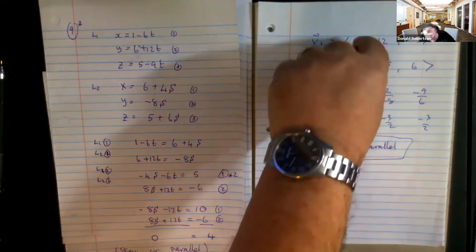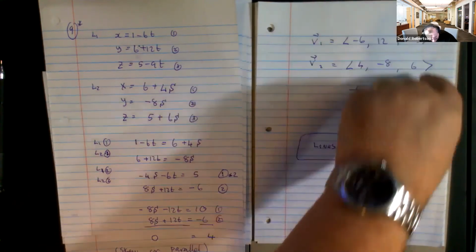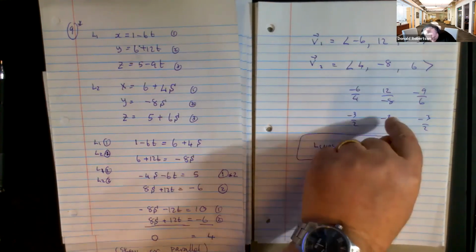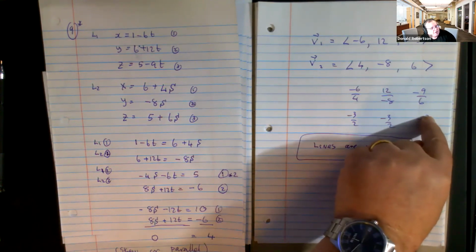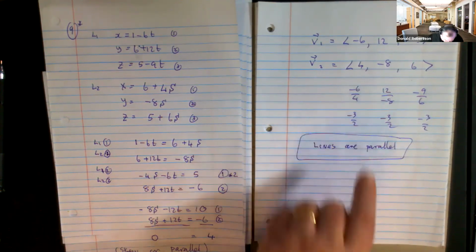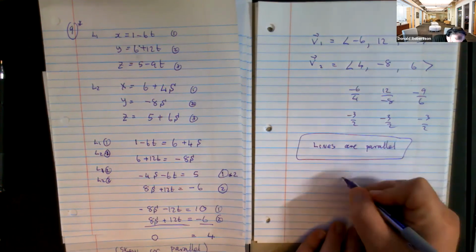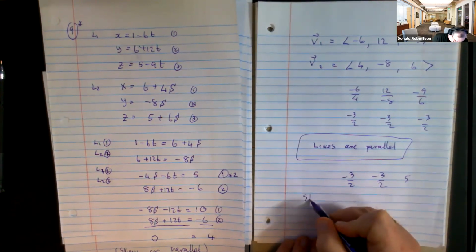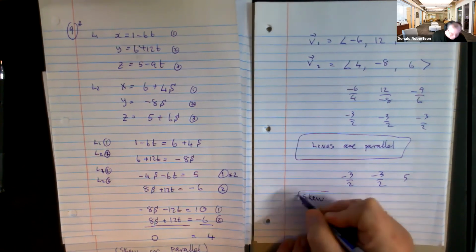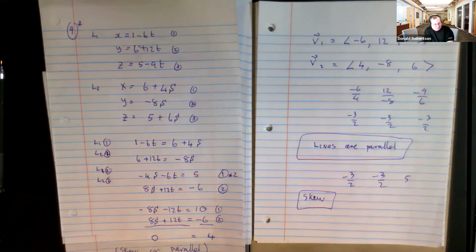Suppose I did this division thing, and I got -3/2, -3/2, and 5. Then this would mean they are not multiples of each other. And if that had happened, so let's pretend it did, then we would say skewed. So that's how you tell the difference.